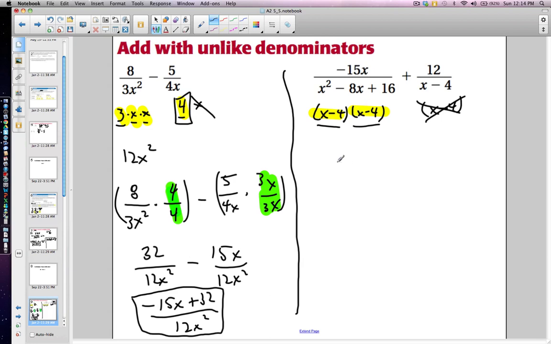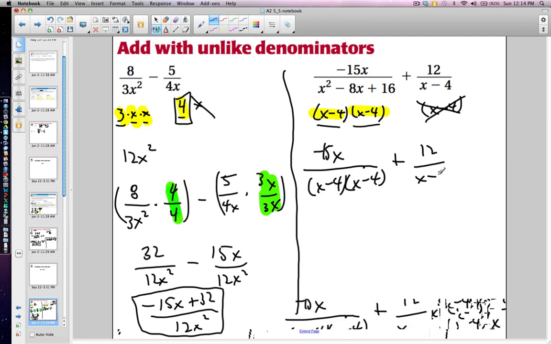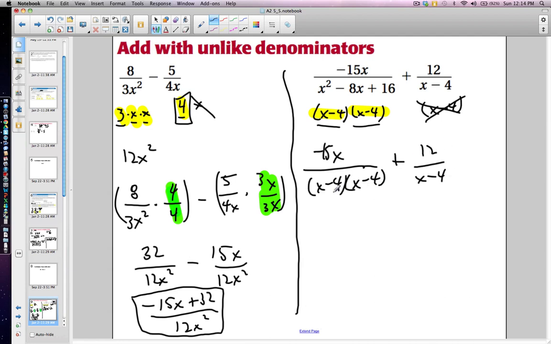So I don't have to change this fraction at all. I'll have negative 15x over x minus 4 times x minus 4 plus 12 over x minus 4, but I need 2 x minus 4s in my denominator, so I'm going to have to multiply it by x minus 4 over x minus 4.